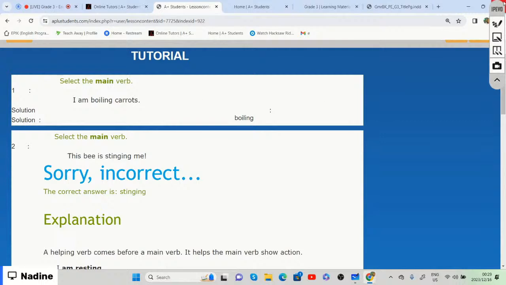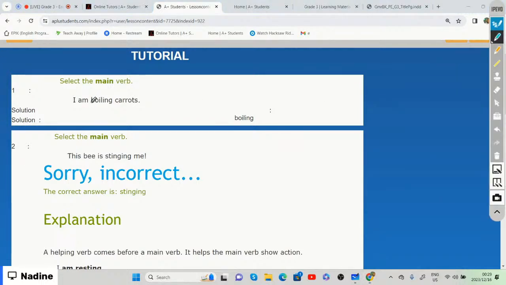If we select the main verb, then our main verb will be boiling.